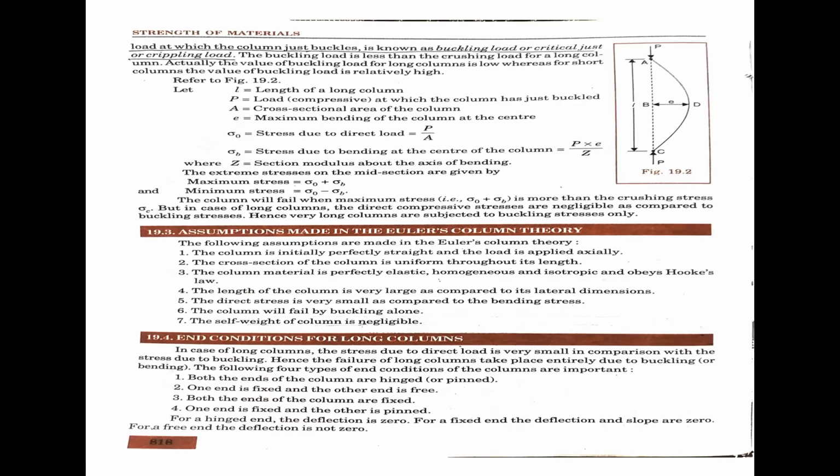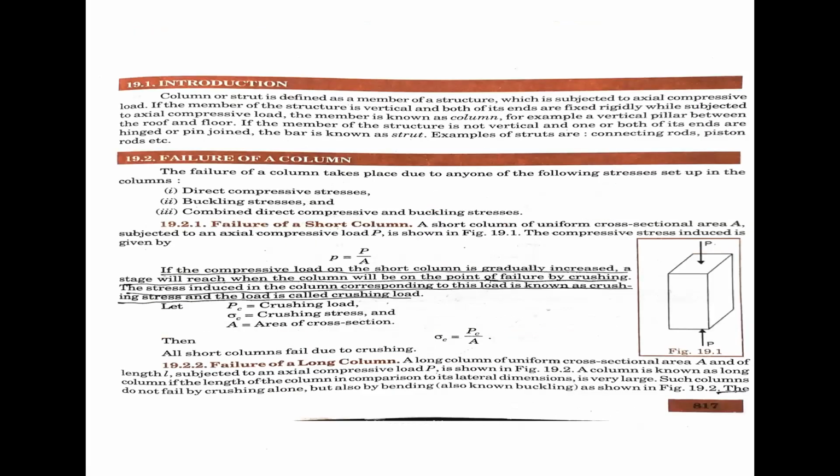Now see the diagram 9.2. See again this long column, I will explain again. A long column of uniform cross-sectional area capital A and of length small l, subjected to axial compressive load capital P, is shown in figure 9.2.